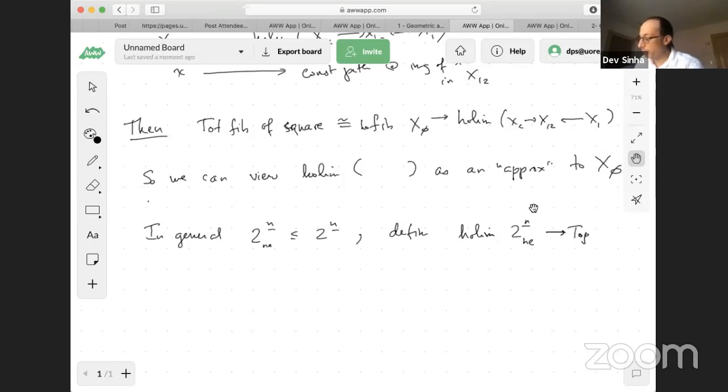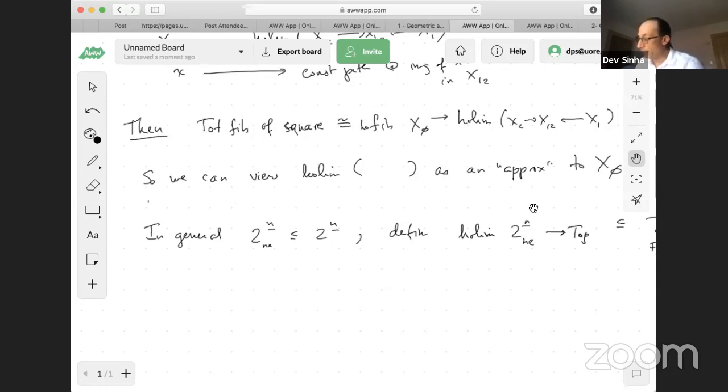And it's going to be a subspace of the space of maps of the product of faces inside delta n, and I'll give you an example, of the space of maps from that face to X_S, and it's going to be compatible.